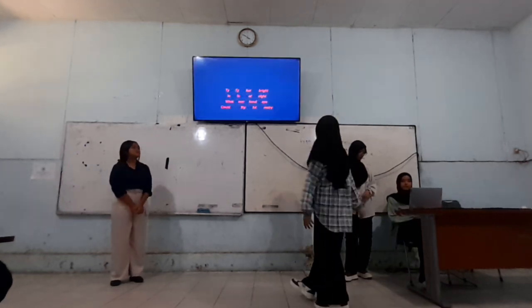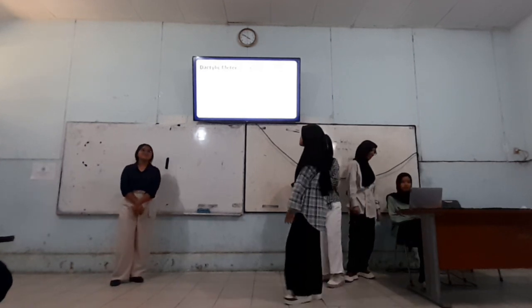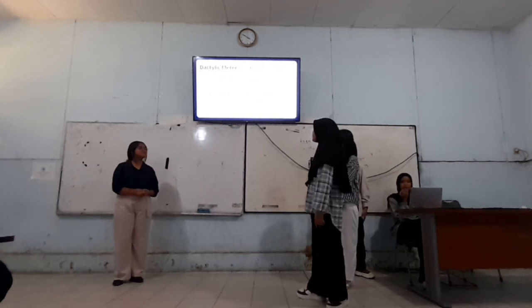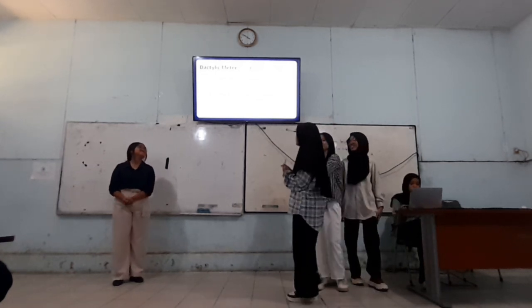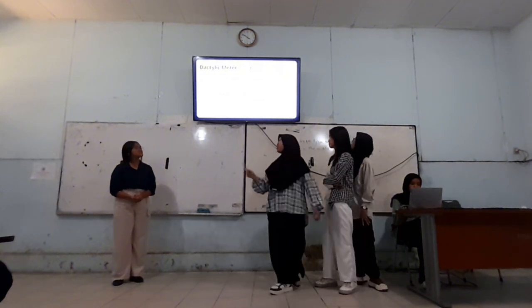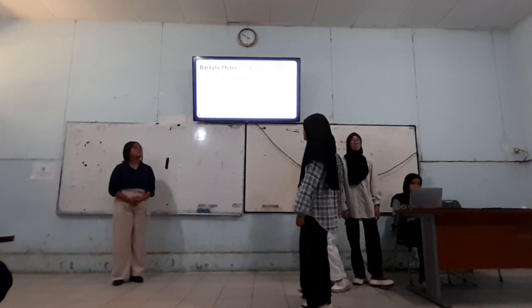Next. So the third one is dactylic measure. Dactylic measure is a pattern that includes a stressed syllable followed by two unstressed syllables. So it goes like DUM da da. And the example is The Charge of the Light Brigade by Alfred Lord Tennyson.